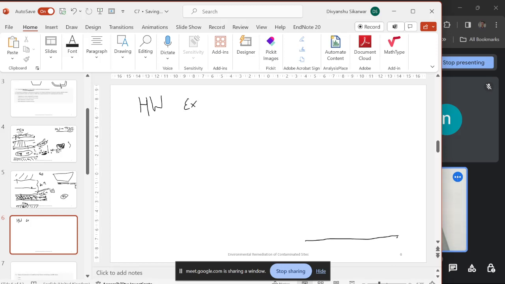The lowest layer will be again the same, which is the subsurface soil. Then this is clay, compact clay.